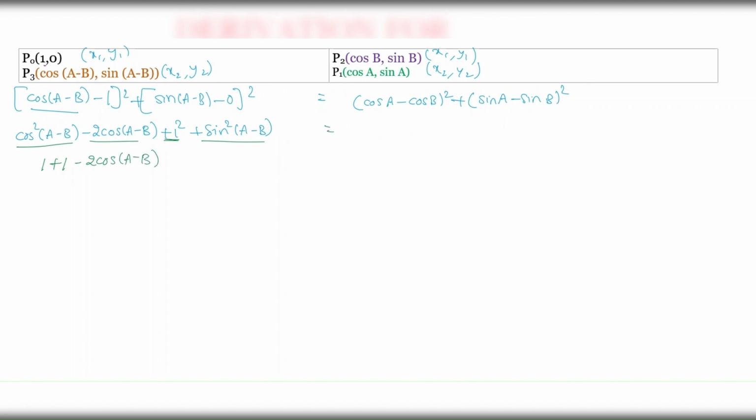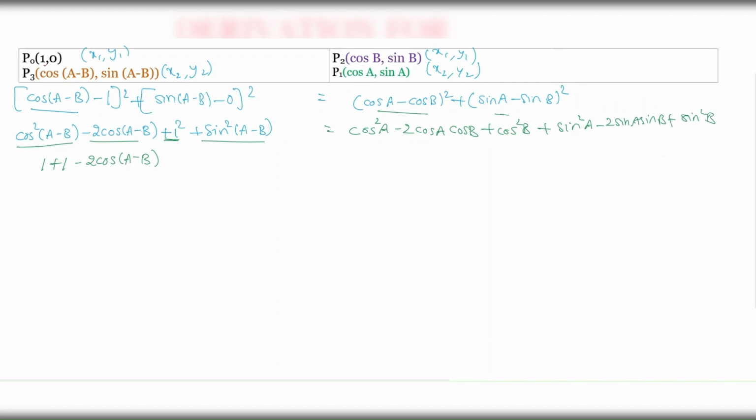This side also we will try to expand these two terms, that gives cos square a minus 2 cos a cos b plus cos square b. For the second term, it is plus sine square a minus 2 sine a sine b plus sine square b.